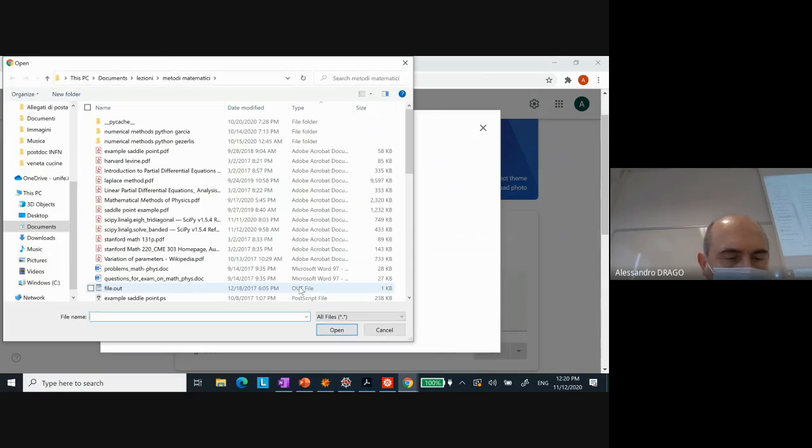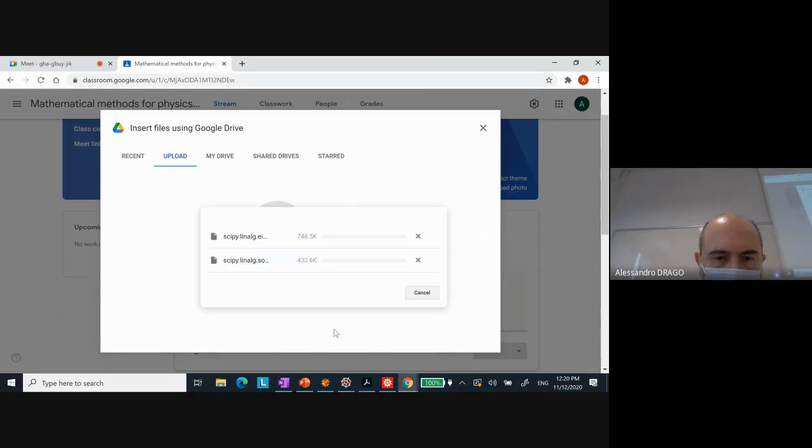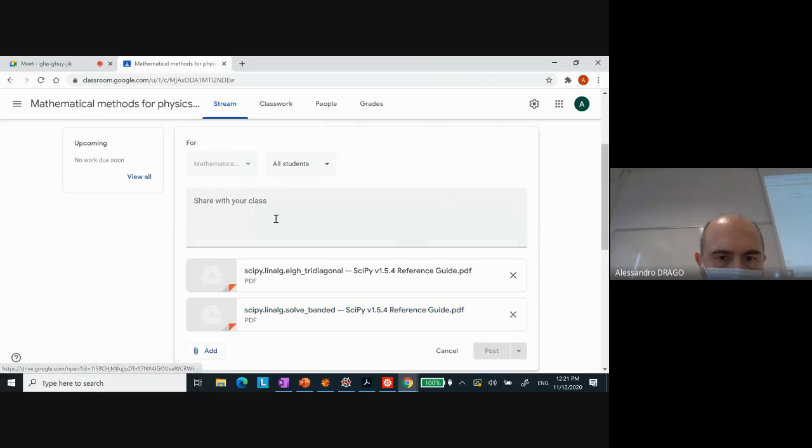For instance, this couple of things here are probably useful, 1 and 2. I hope. Open. Okay, so now I have to write something as linear, tridiagonal. Okay, post.